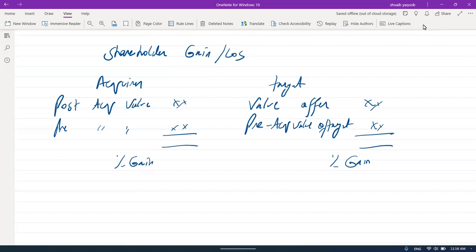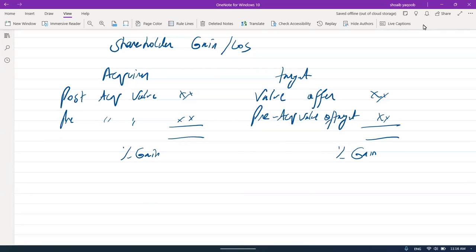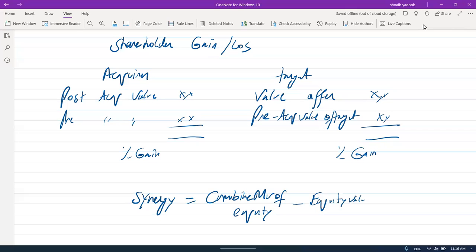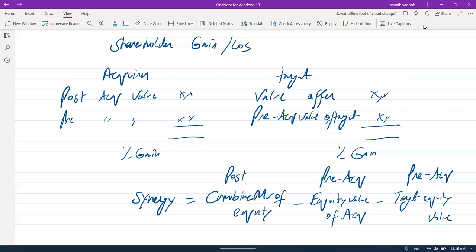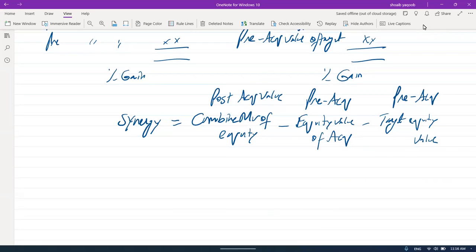What is more important here? What is synergy? Synergy will be calculated as combined market value of equity minus equity value of acquirer minus target equity value. These are pre-acquisition values, and the combined value is the post-acquisition value. And then divide this synergy into two parts.